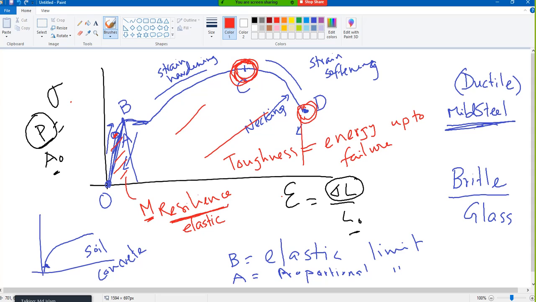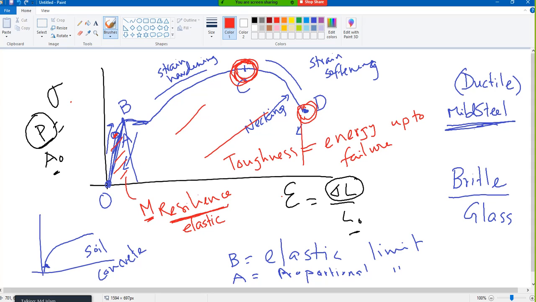So we call ultimate our strength. Even this question is in your quiz: what does strength mean? Ultimate stress, failure stress, yield stress, or proportional limit? Which one? Ultimate. So this question is again in the MCQ test.